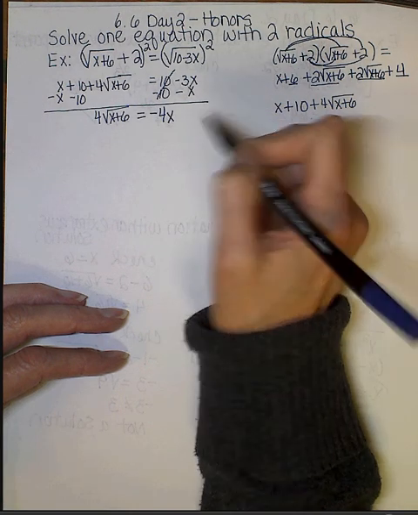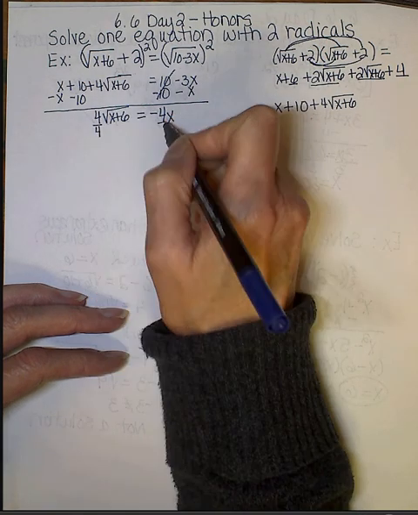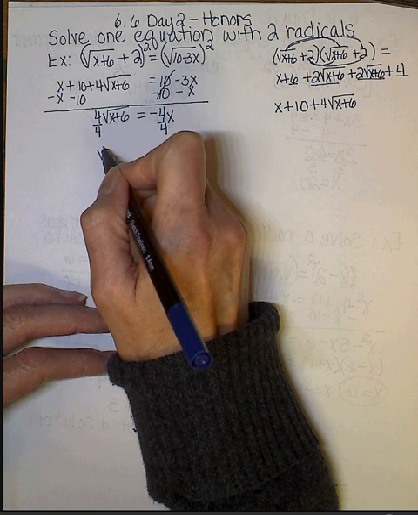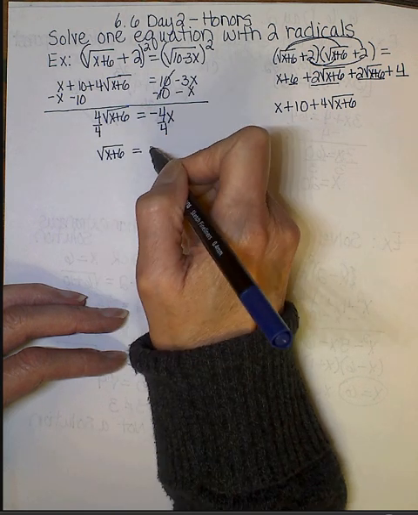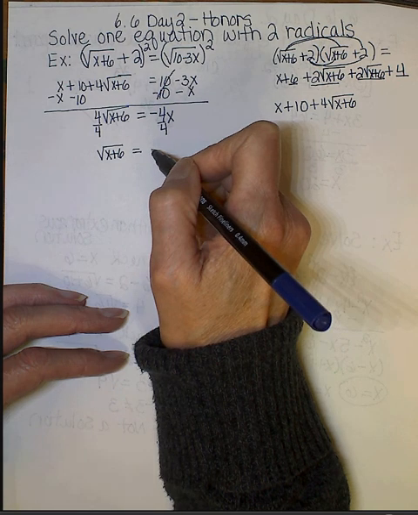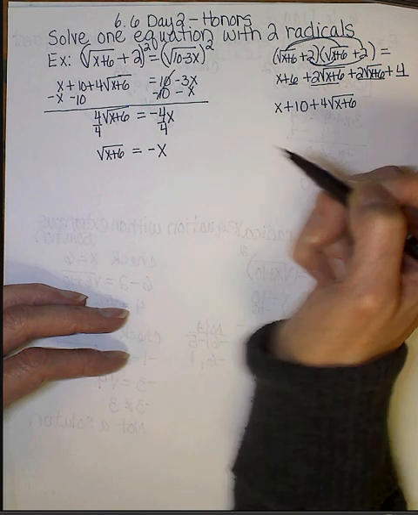So I need to go back to my techniques and isolate the radical. So divide both sides by 4. And that would just give you negative x, or negative 1x. When I divide that, that's just the number 1.